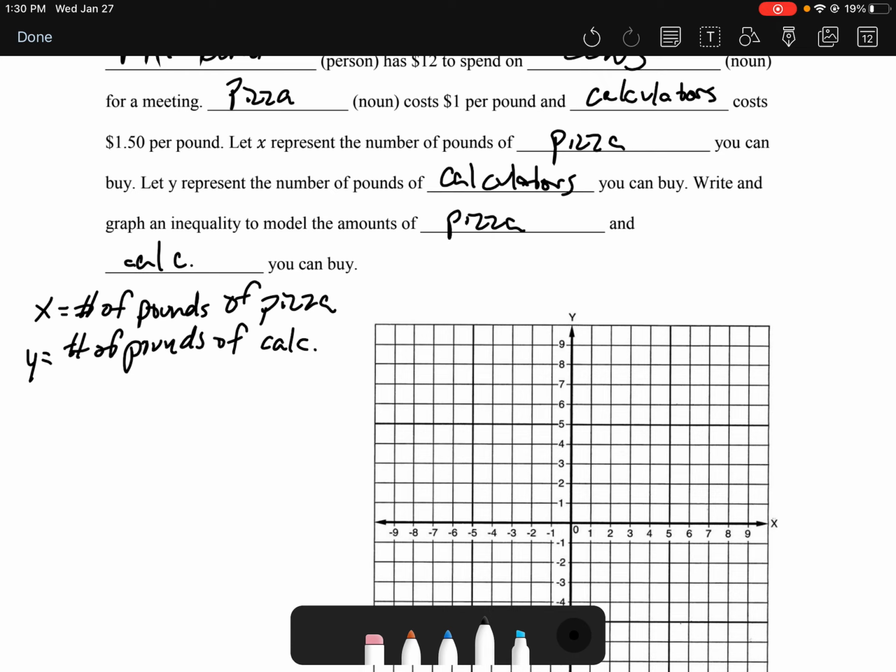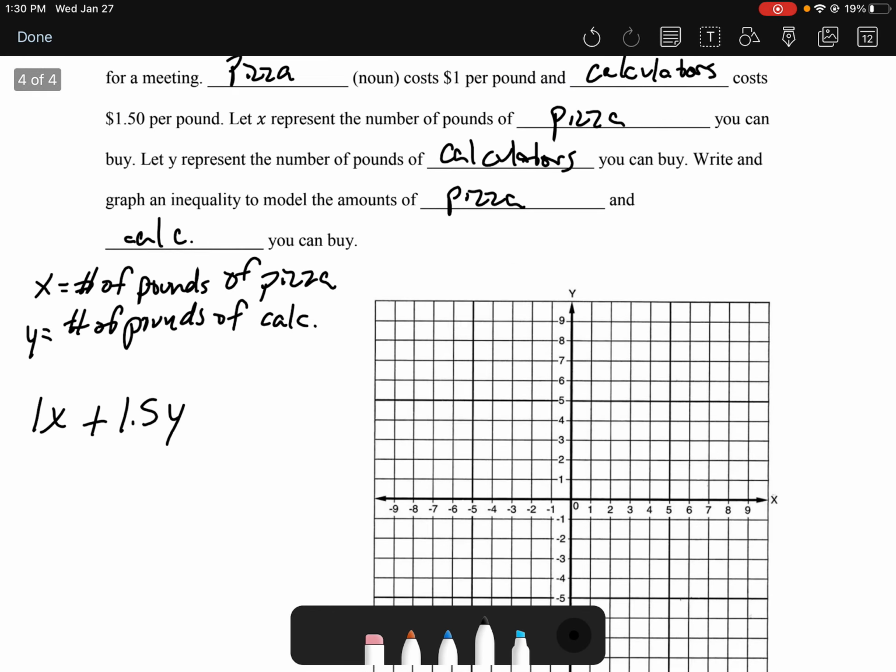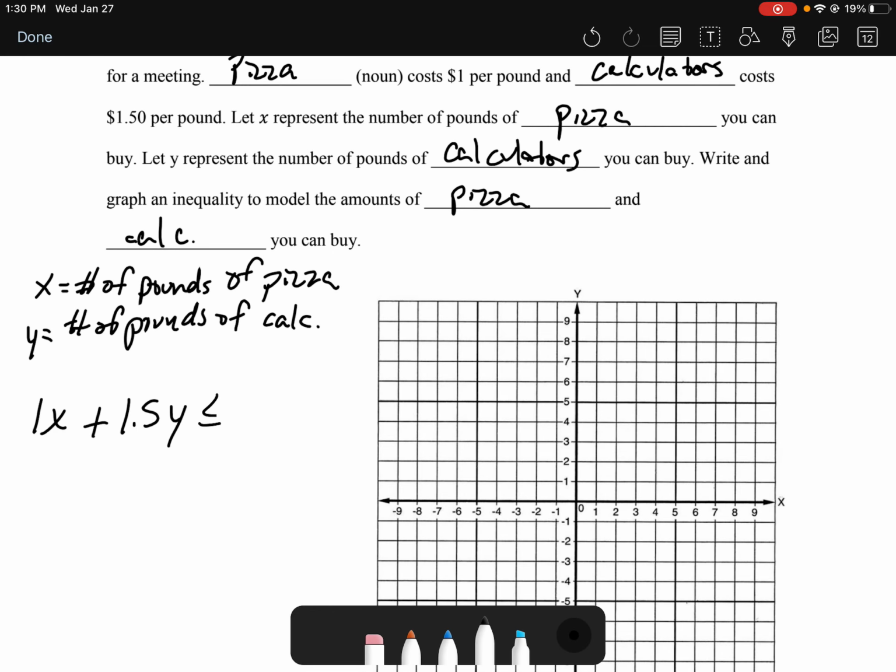So I will say, I have $1 times the number of pounds of pizza, and I will add that to the $1.50 times the number of pounds of calculators, and that has to be less than or equal to 12 buckaroonies.